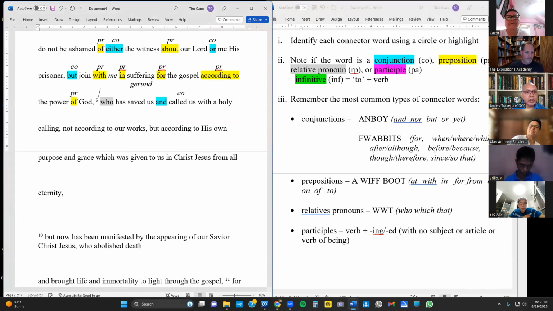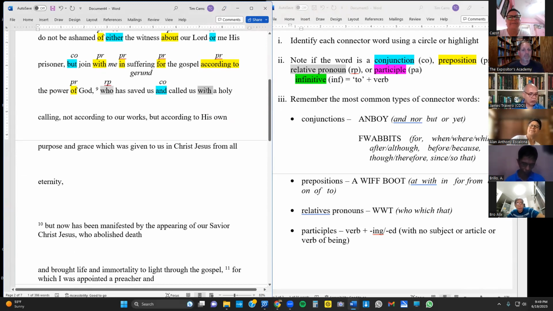He has called us with a holy calling. And what is "with"? Preposition. All right, so we'll note that in yellow. Any others? "Calling." Gerund.